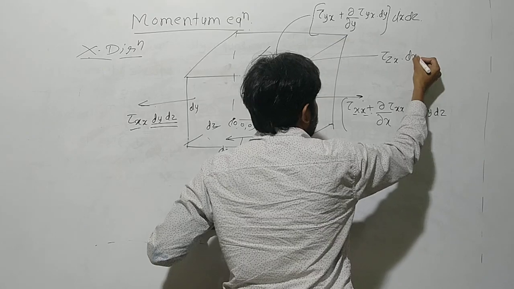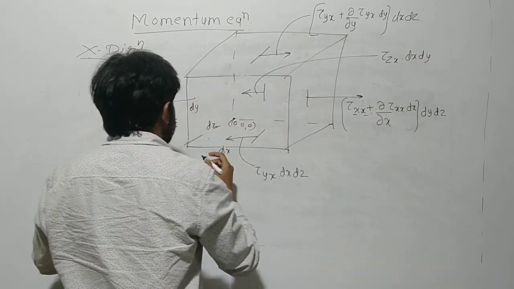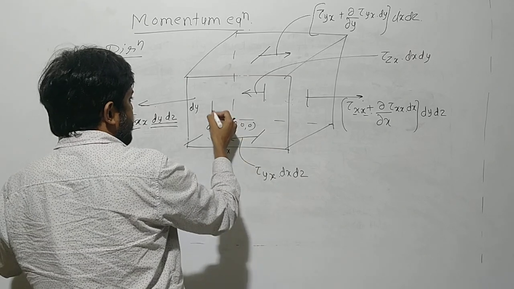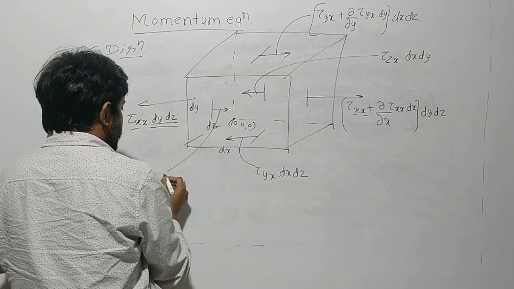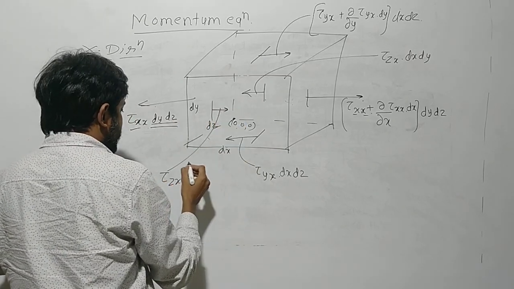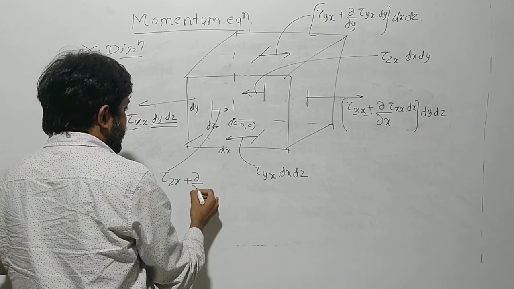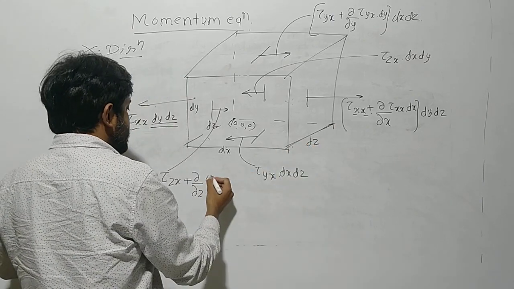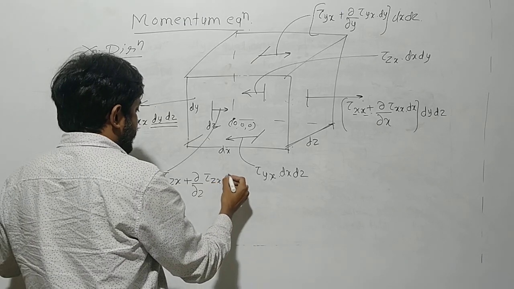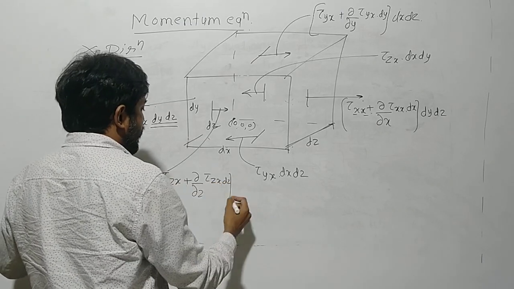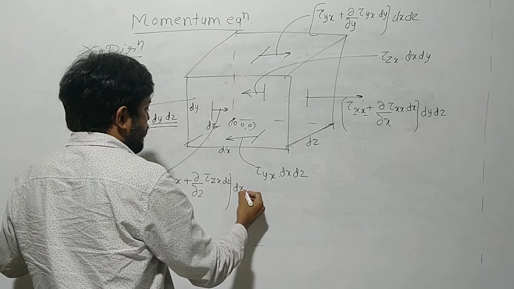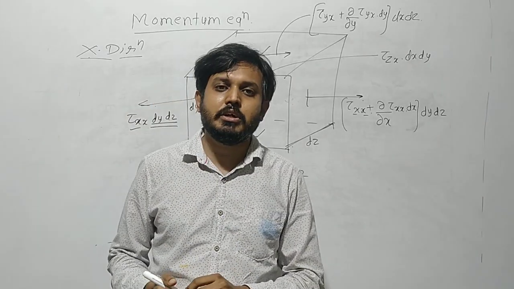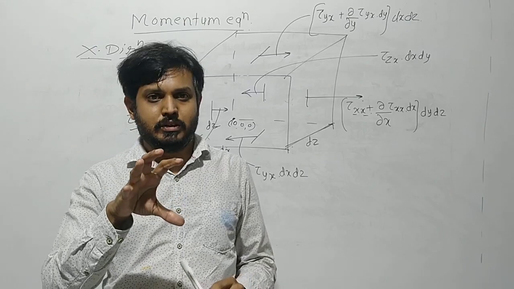Similarly for the complementary face, tau zx plus del by del z of tau zx dz, where the change occurs in the z direction. And the area of cross section is dx dy.